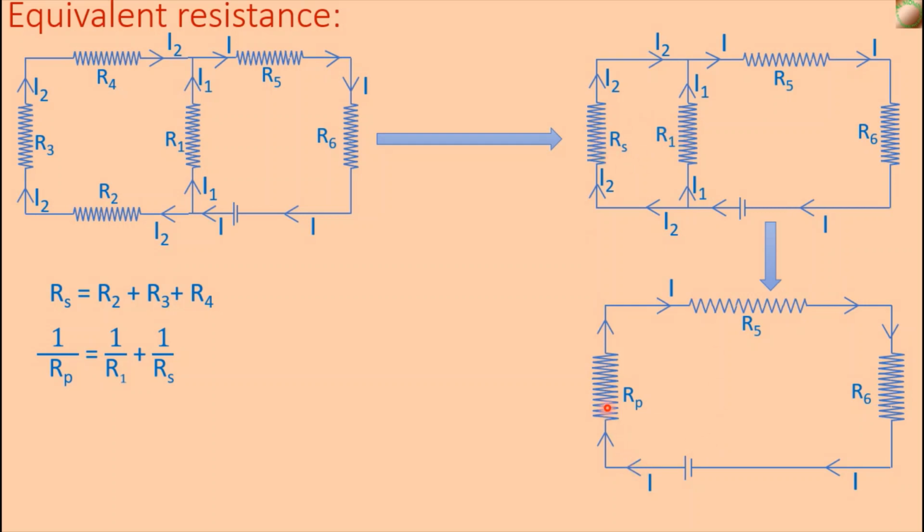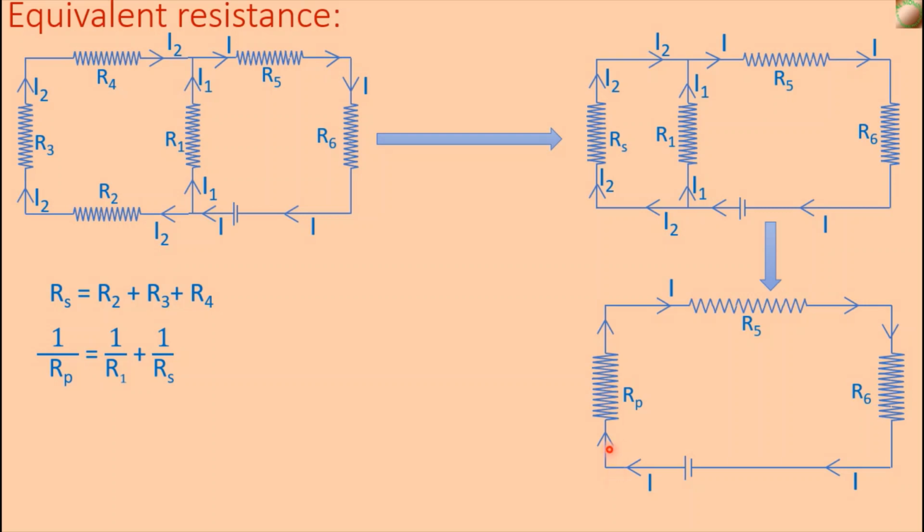Now Rp, R5 and R6, these three resistances are connected in this circuit. Here current I is flowing through Rp, then R5 and then R6. That is, now the same current I is flowing through these three resistances.